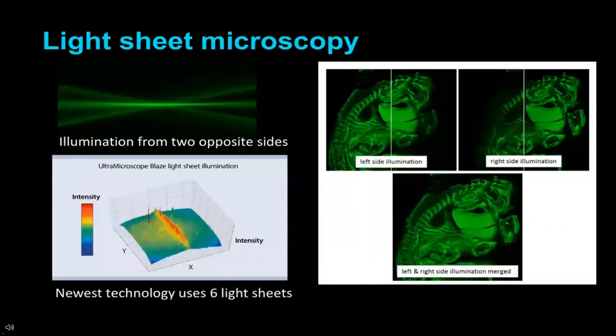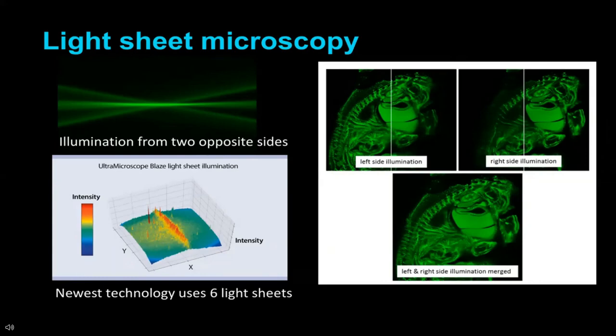So when you use the technology, as for example the ultramicroscope Blaze, we use 6 sheets of light, 3 from each side, and you see how compared to only left or right side illumination, you gain a little bit more detail by using illumination from both sides.